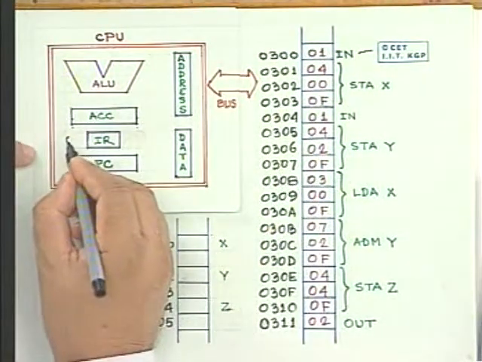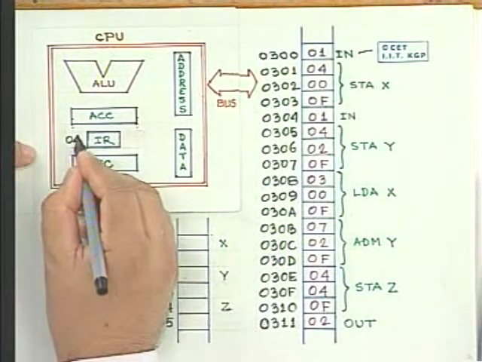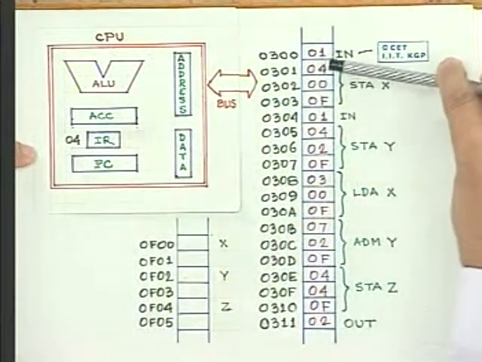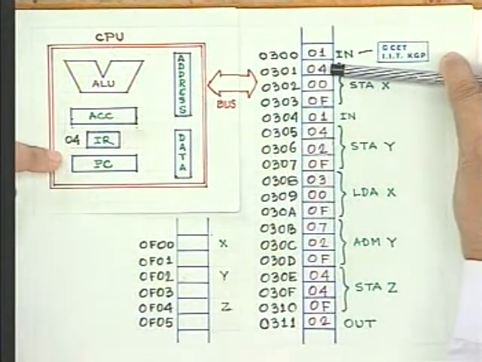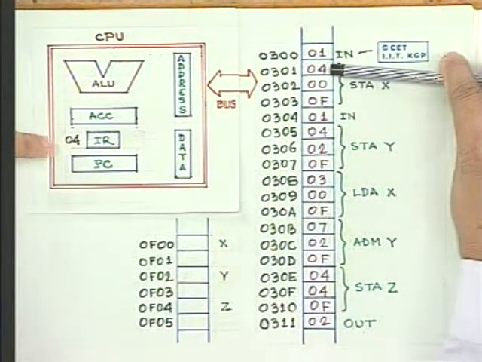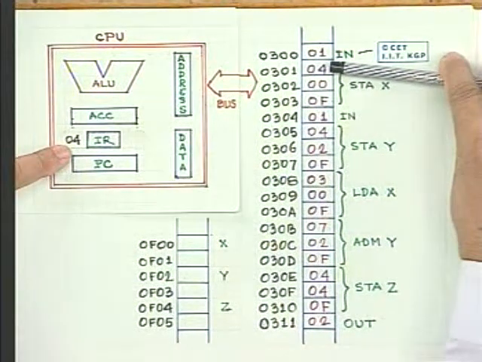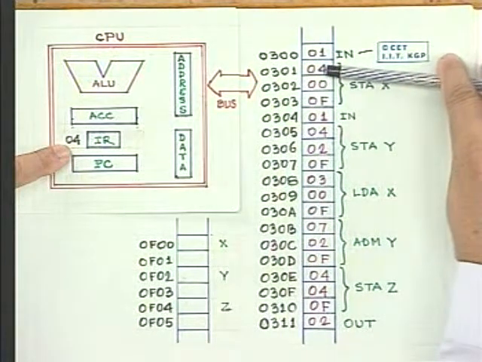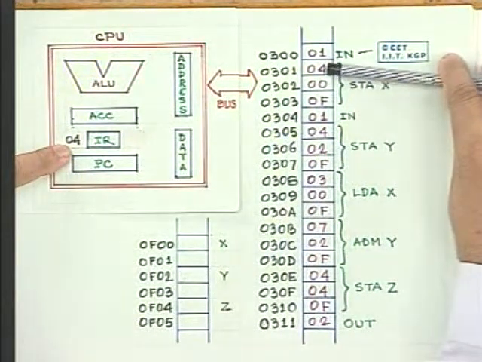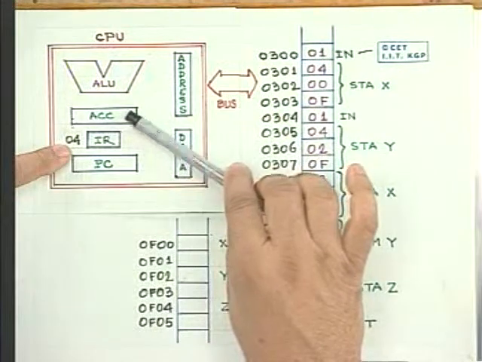Now 04 has come here. The instruction is being decoded, and on decoding it knows that it is a store accumulator instruction, and therefore it needs the address of the memory location where the content of that accumulator has to be stored.